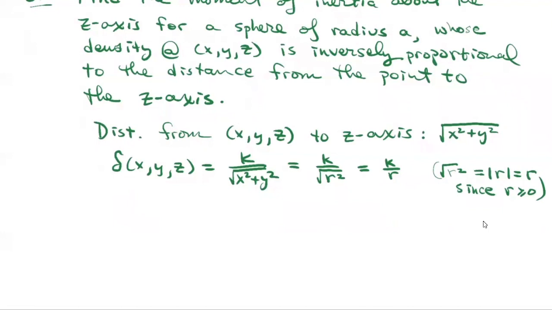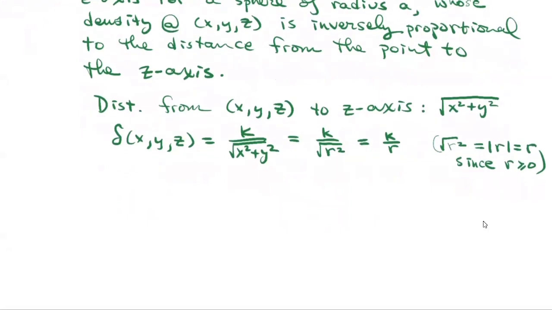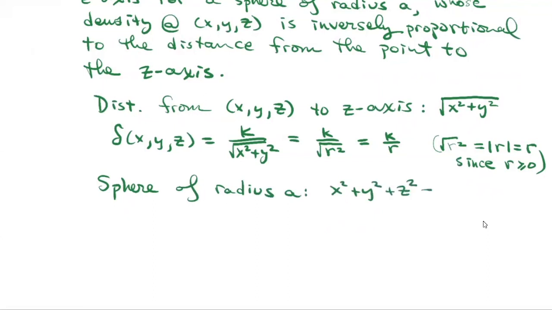And it's a sphere, so I better describe the sphere here. A sphere of radius A is just x squared plus y squared plus z squared equals a squared. Any questions?